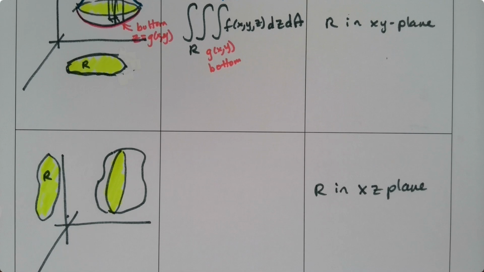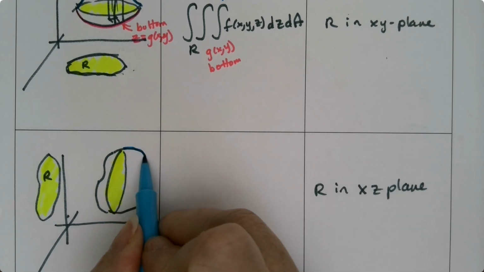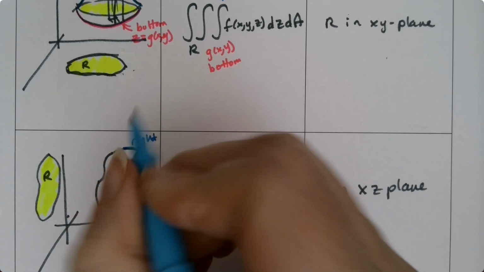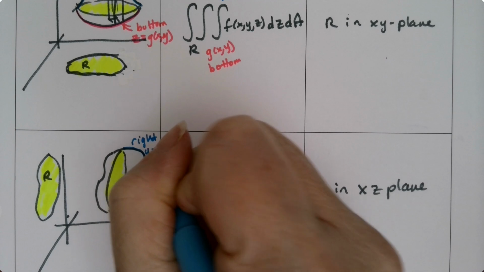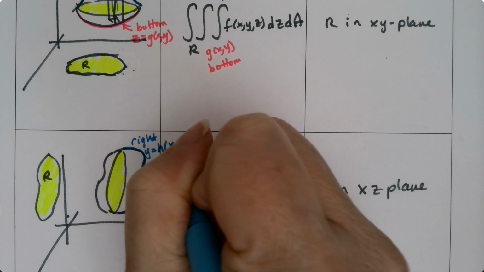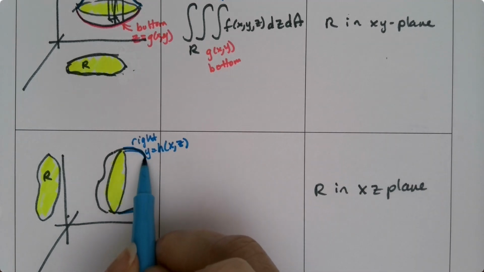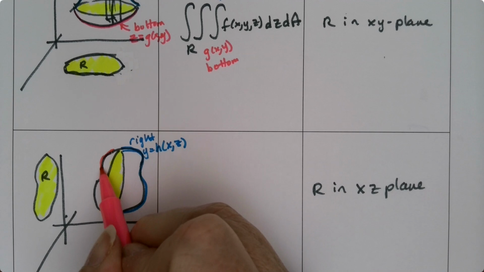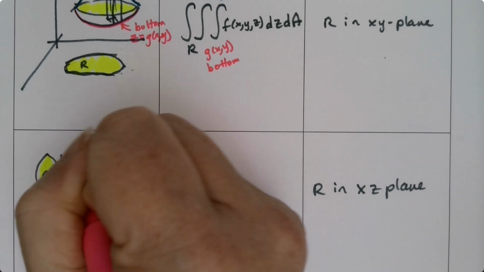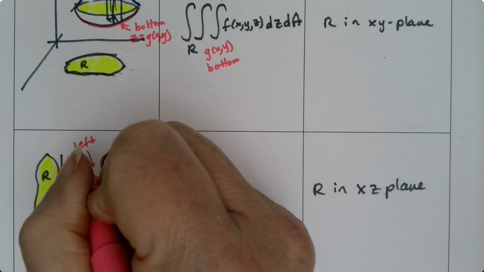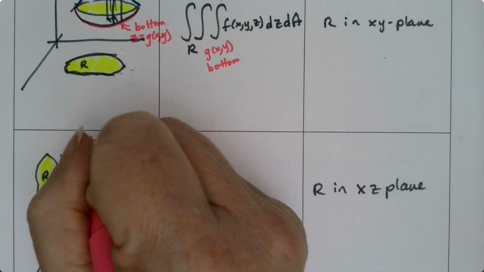All right, so then we have to think about the right piece over here, which would be y equals h of xz, right? Because x and z would be my variables here. And then this left piece over here would be y equals g of xz.